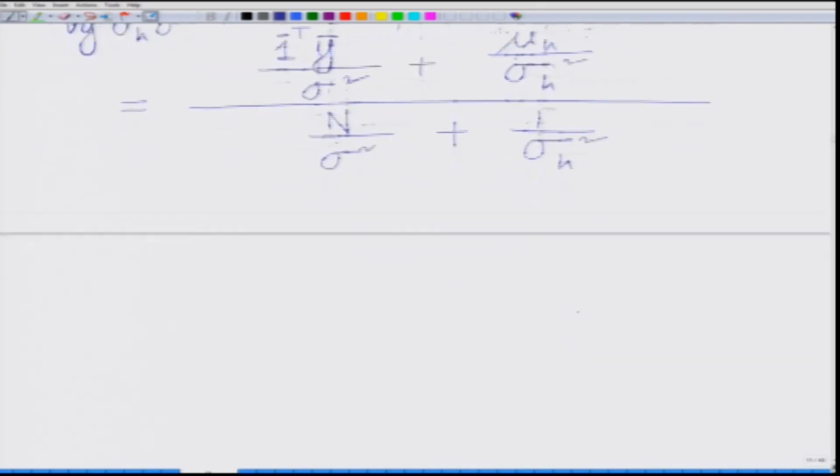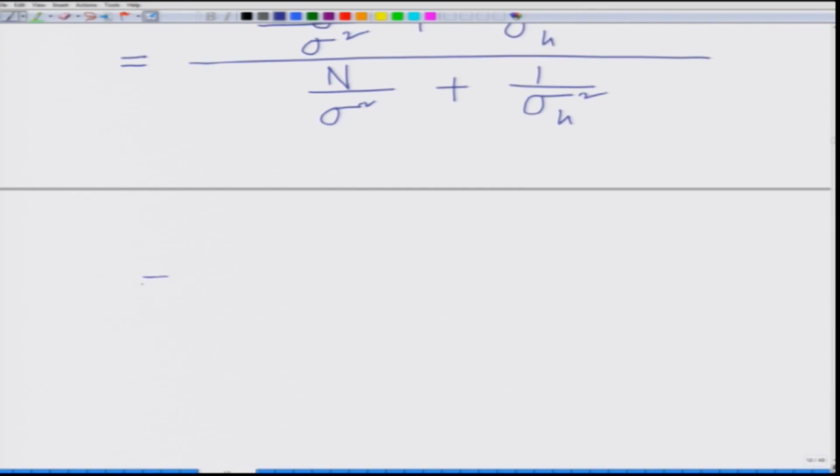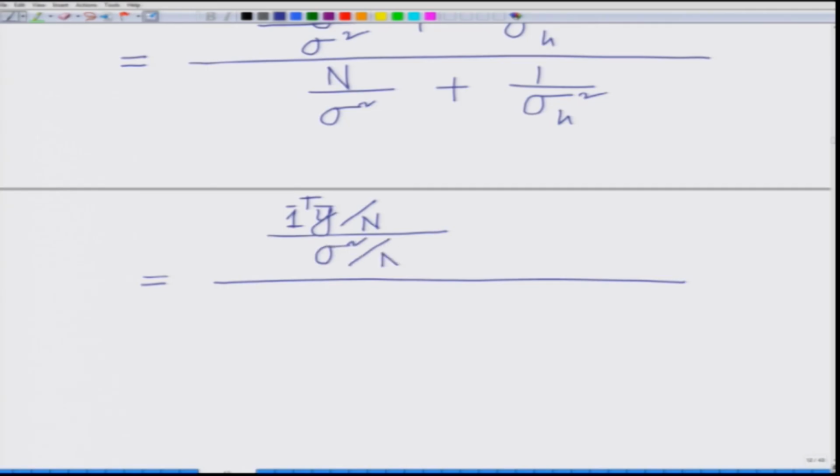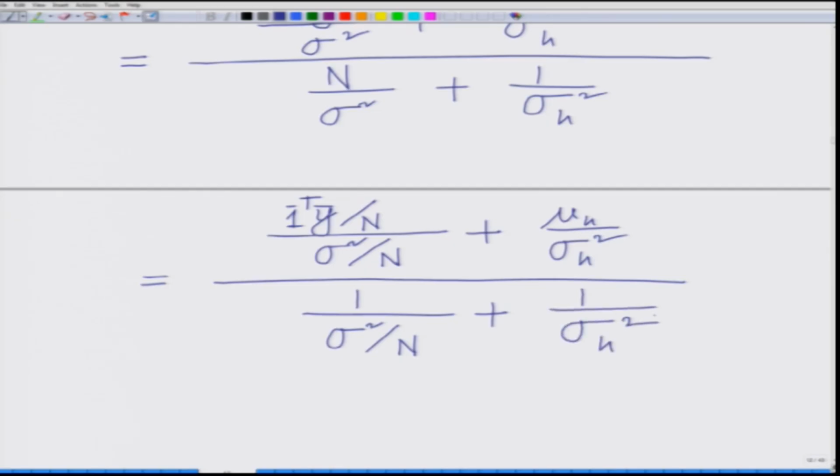I am going to now write this in a slightly more convenient form: 1 bar transpose y bar divided by n, divided by sigma square divided by n, plus mu h divided by sigma h square, divided by 1 divided by sigma square divided by n plus 1 divided by sigma h square. Just a slightly different way of writing it.